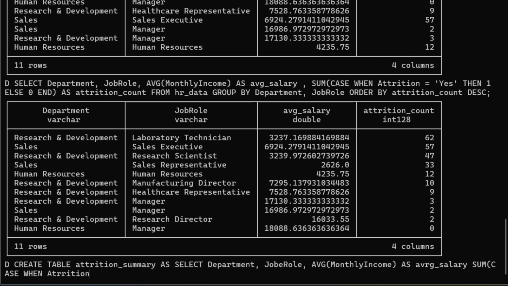And then let's sum it with case when the attrition, here we just write attrition, that is equal to yes. Then let's say 1, else let's say 0, end. And then we are naming it as attrition count.